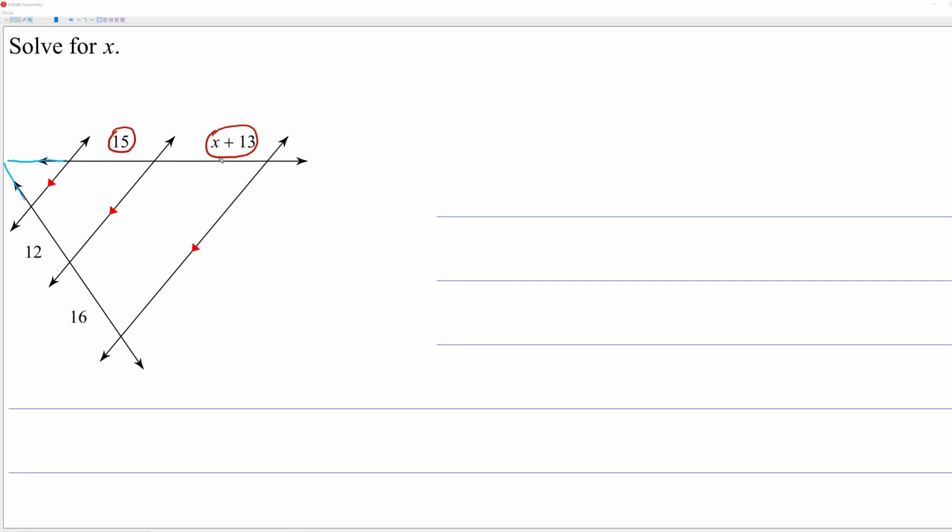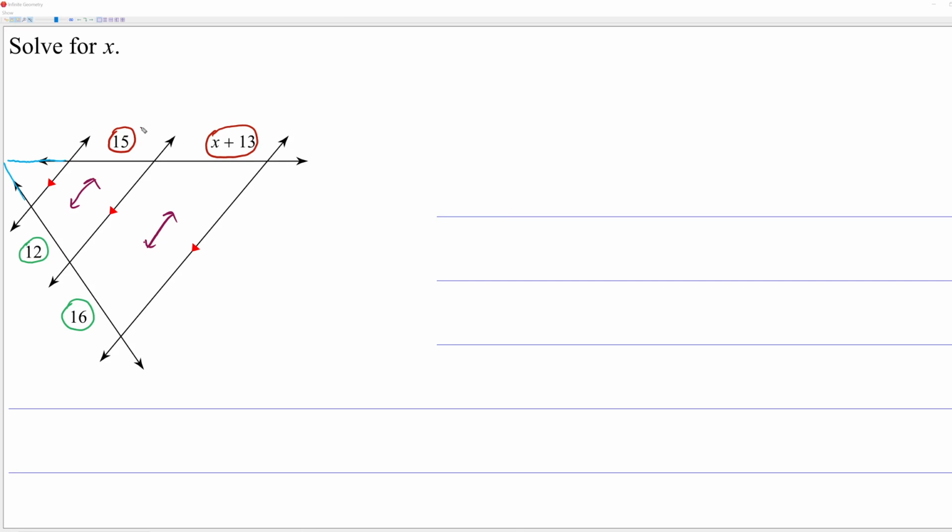So 15 goes with x plus 13, and then along the other side, 12 goes with 16. The only thing you really have to be careful about is that you go in the same order. So the 15 and the 12, the x plus 13, and the 16 have to go in that order.